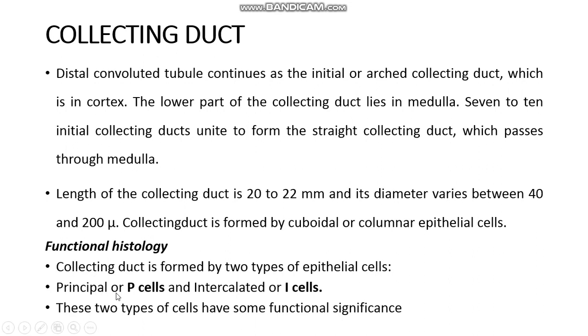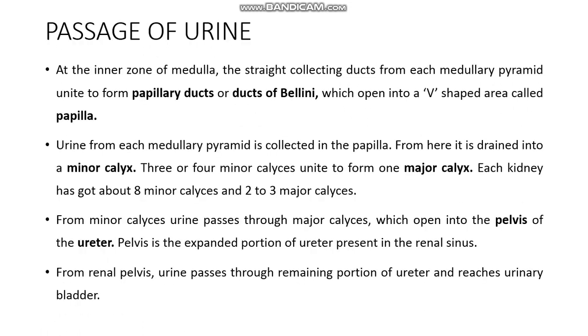Next is the functional histology. The collecting duct is formed by two types of cells: principal cells or P cells, and intercalated cells or I cells. These two types of cells have functional significance.